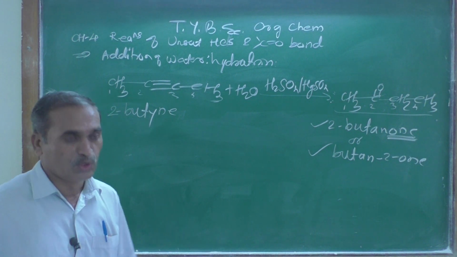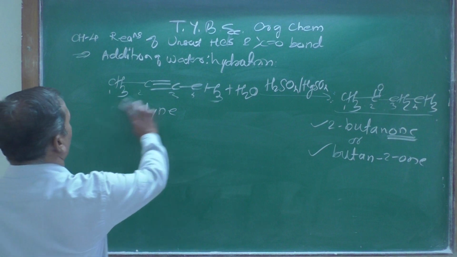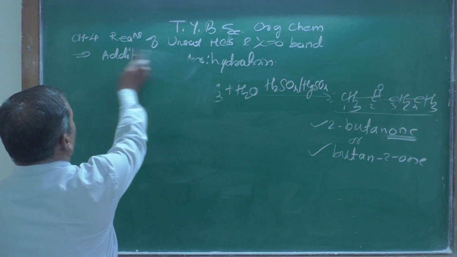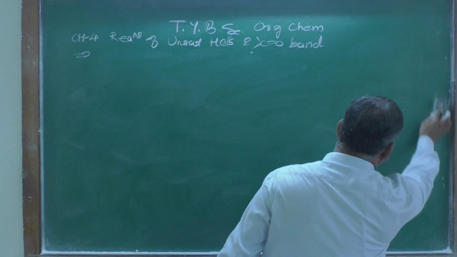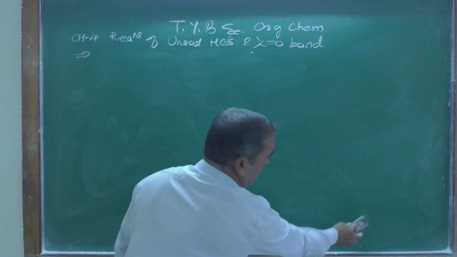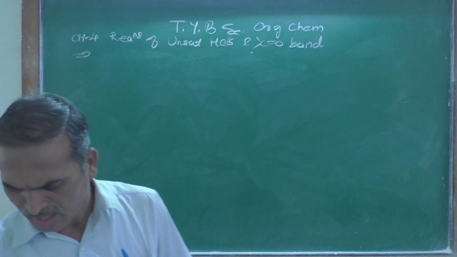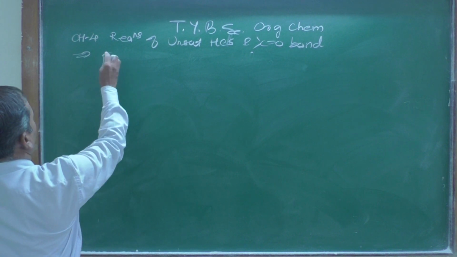Now let us move on to the next point in this carbon-carbon triple bond: the formation of metal acetylides. That is a point we are going to discuss over here.